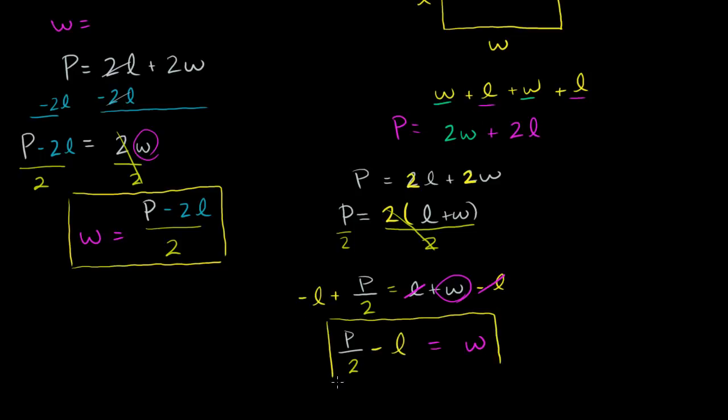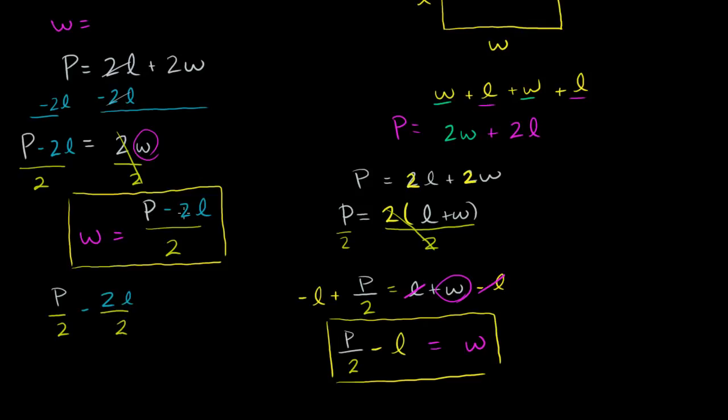And you're probably saying, hey, Sal, wait, these things look different. P minus 2L over 2 looks different than P over 2 minus L. And they're not. Think about this. We could rewrite this as P over 2 minus 2L over 2.